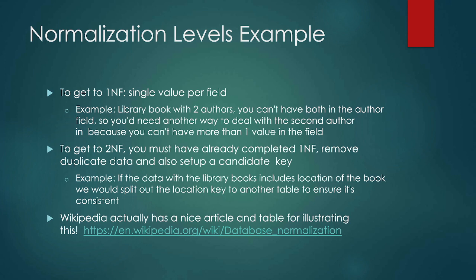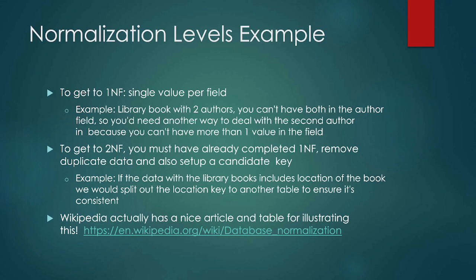If your library book has two authors, you wouldn't have both in the author column, so you would have a second author column, or a way of being able to indicate that two authors are there without having both listed in the author field. So 1NF will allow you to have a single value per field.